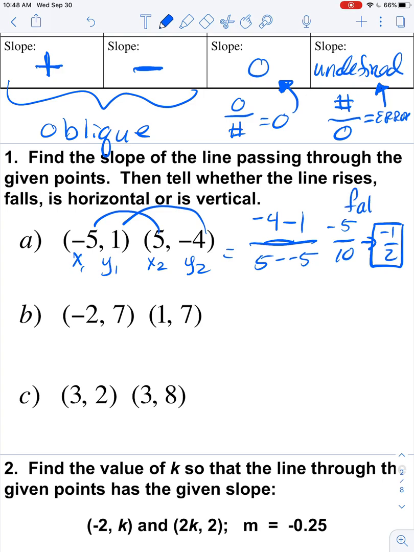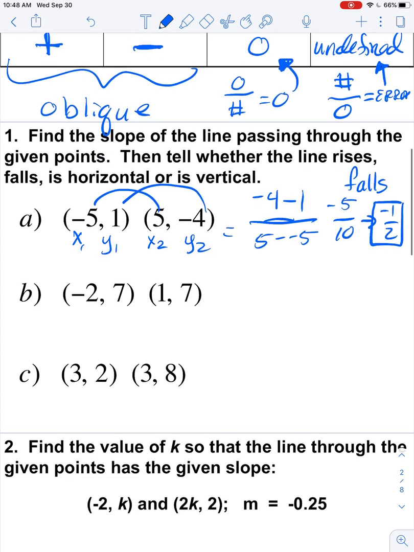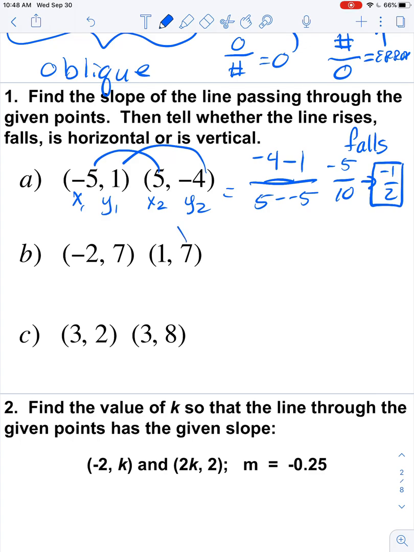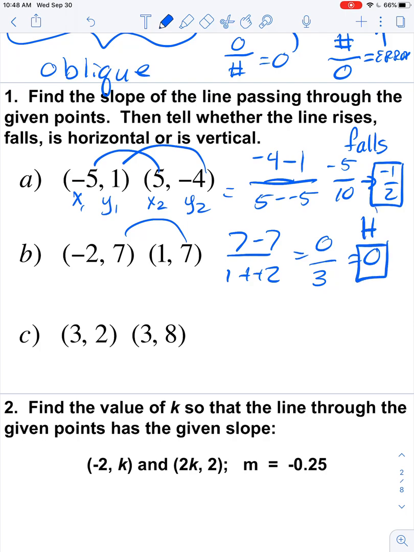And then it says tell whether the line rises, falls, or is horizontal or vertical. Since this is negative, this one falls. Alrighty. Here, when I do y2 minus y1 over x2 minus x1, this is going to turn into 0 over 3, which is 0, totally legitimate, and then that's going to be horizontal.